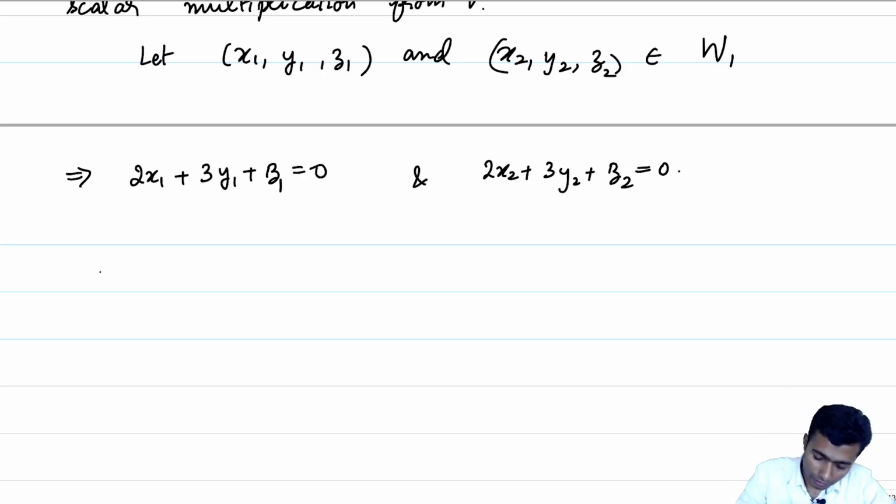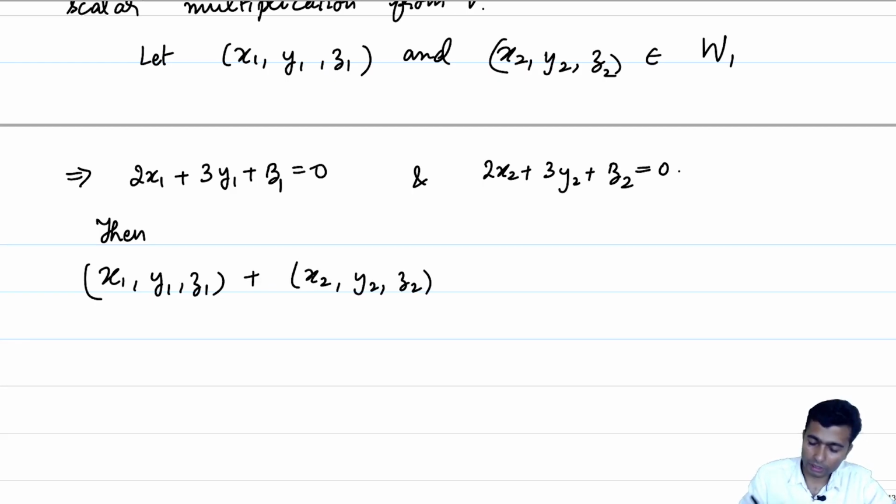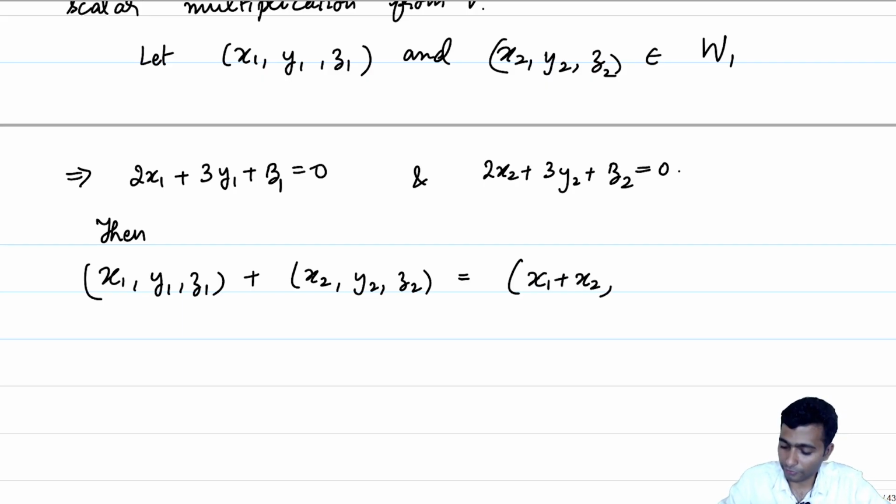We would like to see what happens to (x1, y1, z1) plus (x2, y2, z2), whether this particular vector is in W1. But what is the vector addition of this? This is component-wise addition, if you recall. This is going to give you (x1 plus x2, y1 plus y2, z1 plus z2). And let us see if this belongs to the set W1.